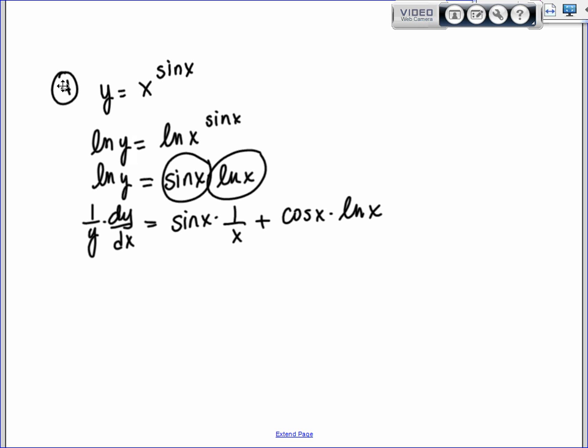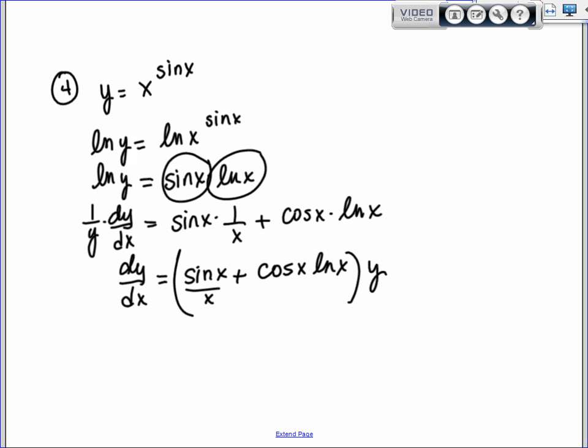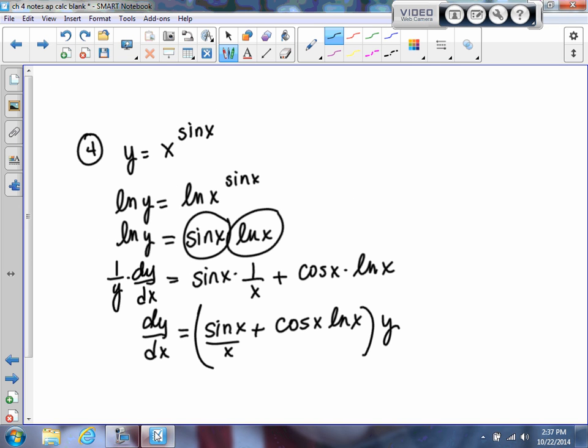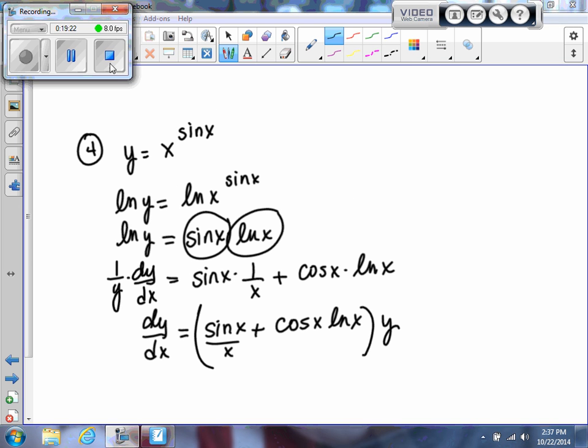So dy over dx equals sine of x over x plus cosine of x natural log of x, which they could also write as natural log of x raised to the cosine of x, times y. Think like an AP writer. Those tricksters.